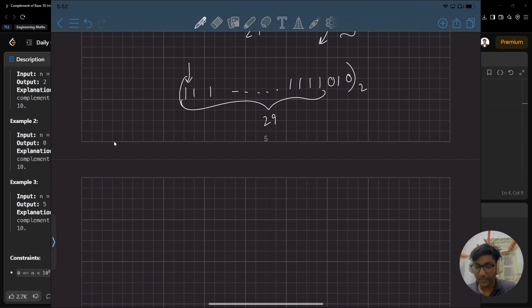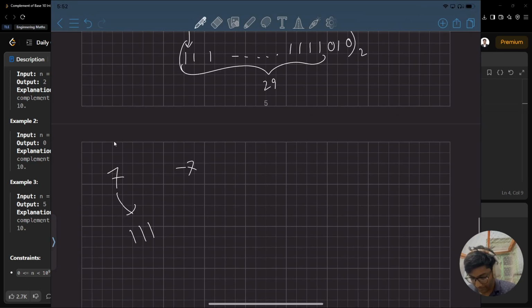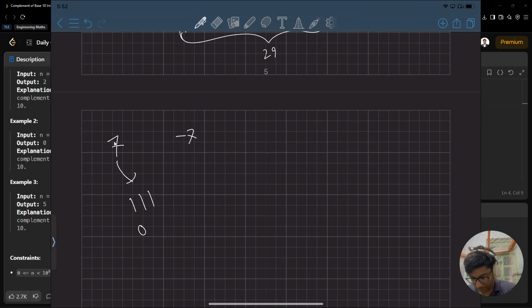In order to get the positive number equivalent to this, we have to first flip this and then add 1 to it. For example, if I'm given 7, in order to find minus 7, if this is 111, we have to first flip this and then add 1.